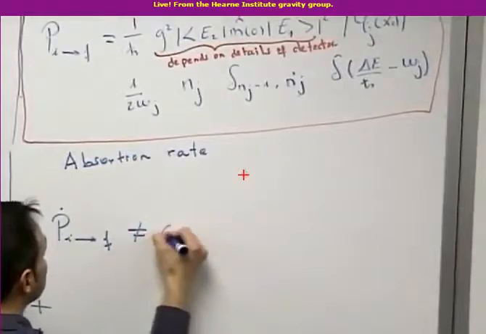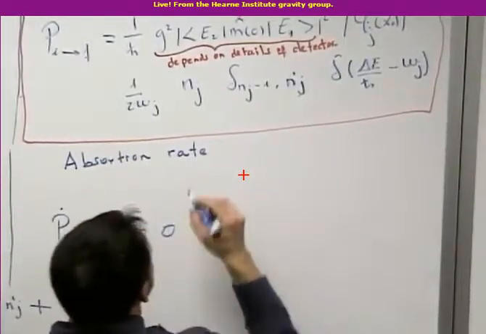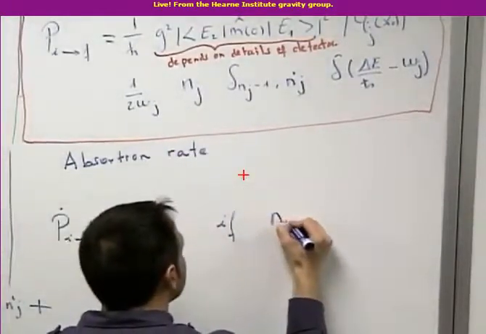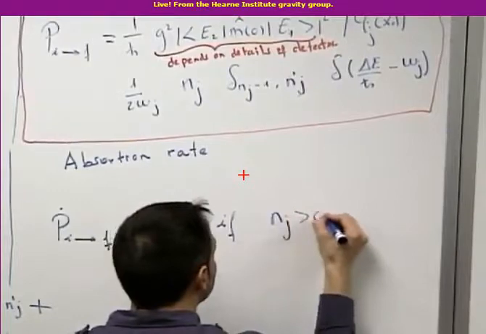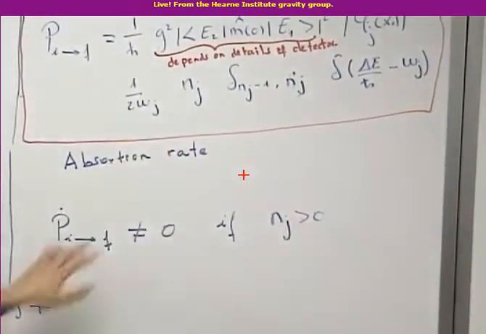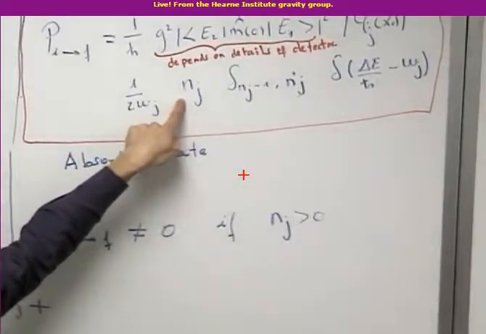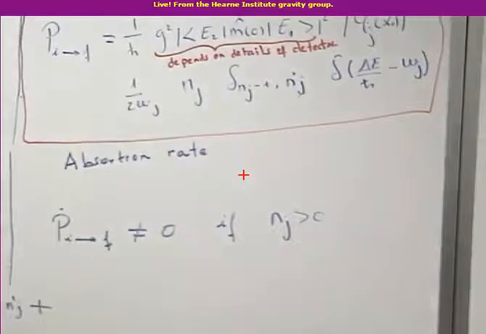It is different from zero only if n_j is larger than 0, because otherwise we have 0 particles. This is the number of particles initially present in the field. If we don't have particles in the field, the detector cannot be excited.